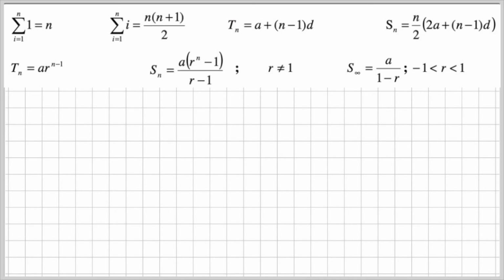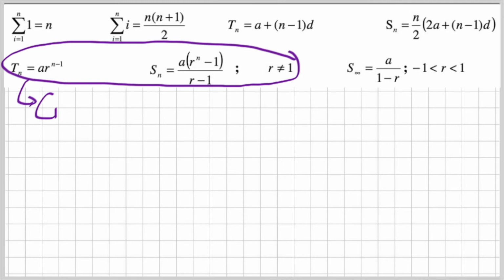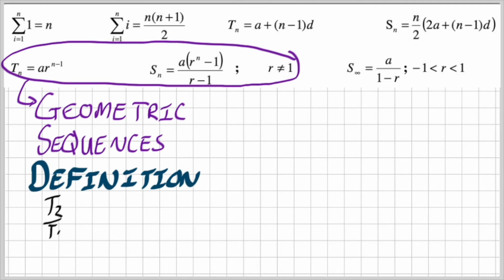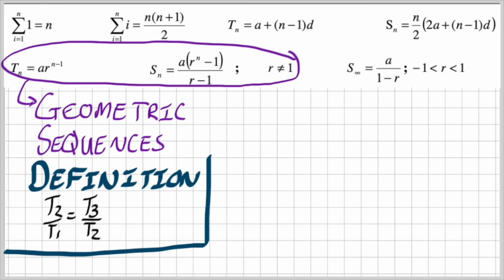Let's have a look now at the next two formulas, Tn and Sn of your geometric sequences. First of all, there's a definition. This definition already in question 1.3 we needed because they said it was a geometric sequence.